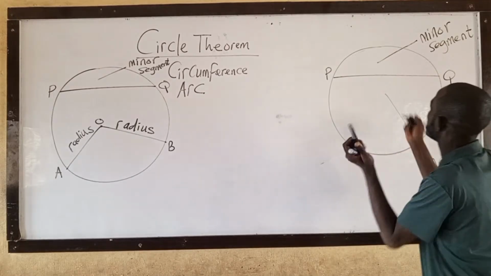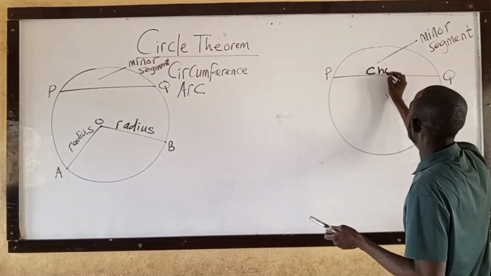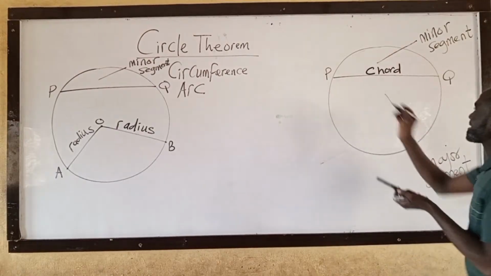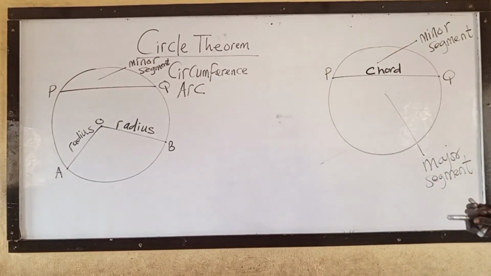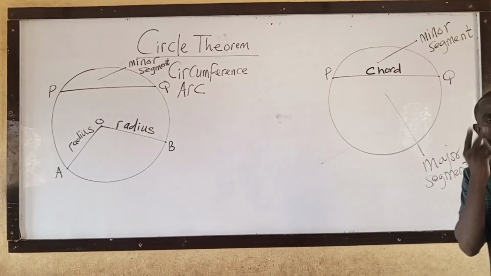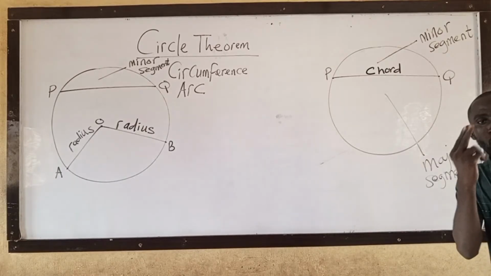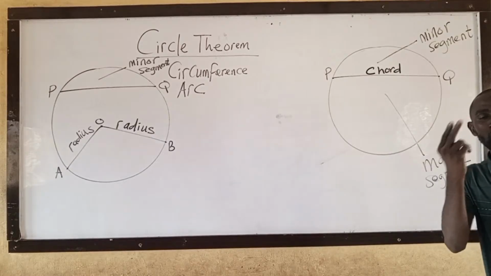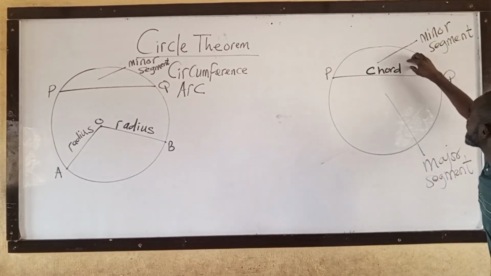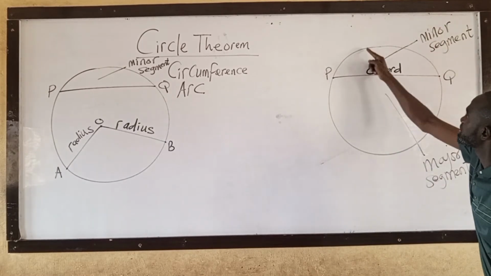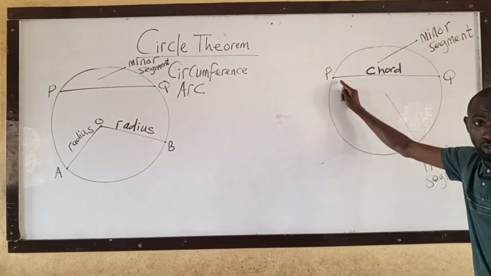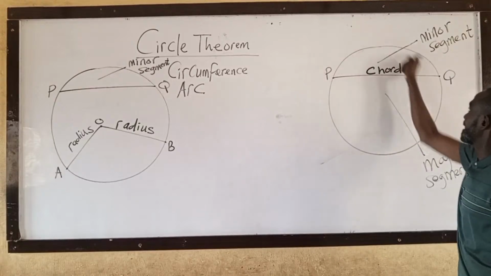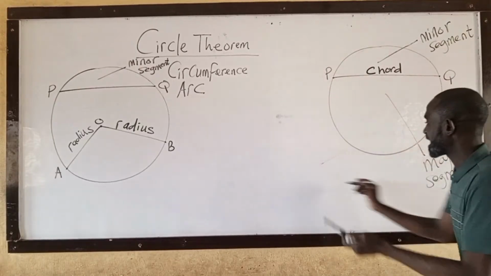And this line is what we call a chord. So a chord divides the circle into 2 unequal parts, or we can say into segments. This part has an arc and a chord. Are you with me now? An arc here and a chord.